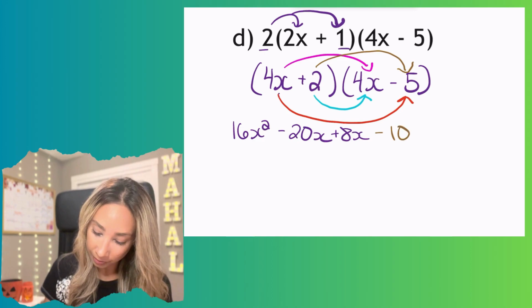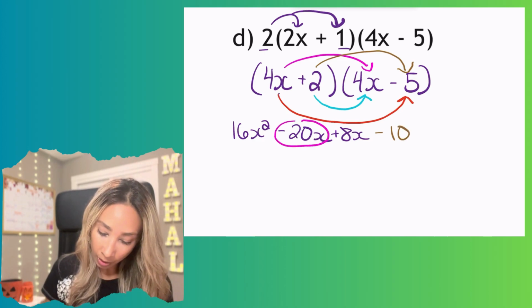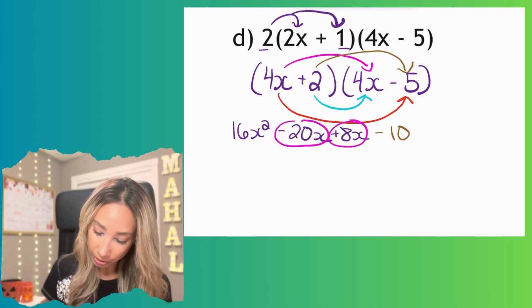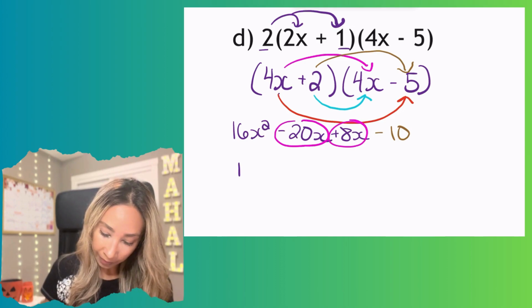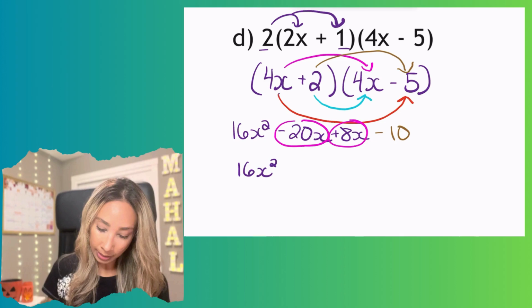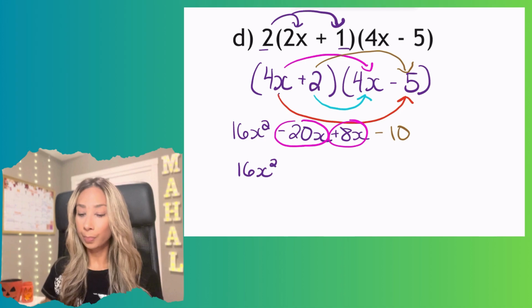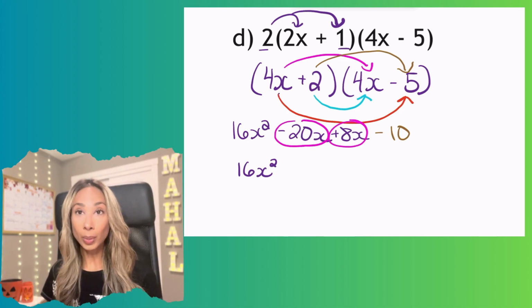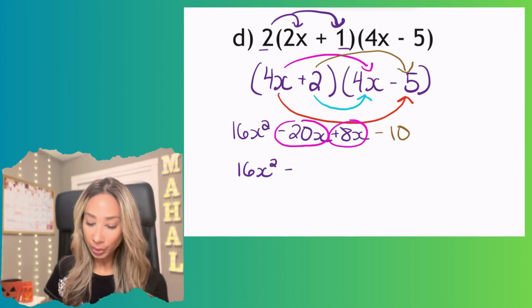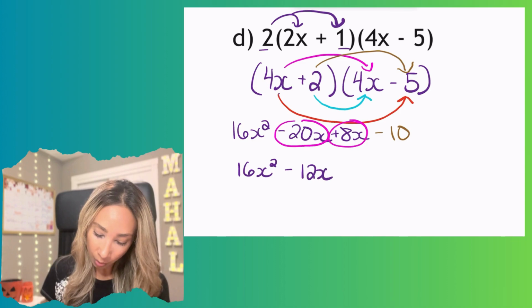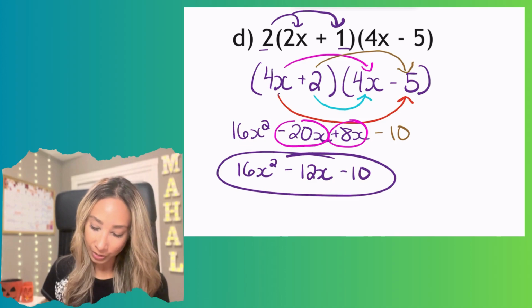That's going to get me negative 10. And then we're going to go ahead and collect our like terms here. So if I were to rewrite this, this would be 16x squared. And then we have negative 20x plus 8x. So you have negative 20 things and you're adding 8 things to it. That's going to be negative 12x minus 10. And there is our answer for that one.